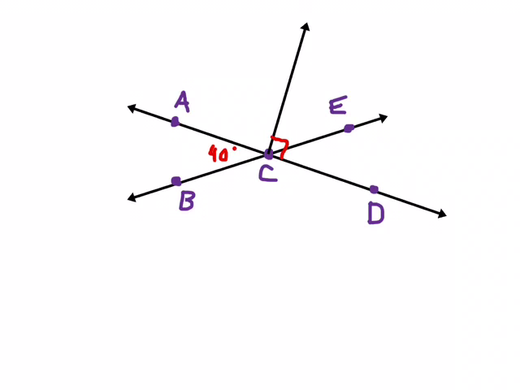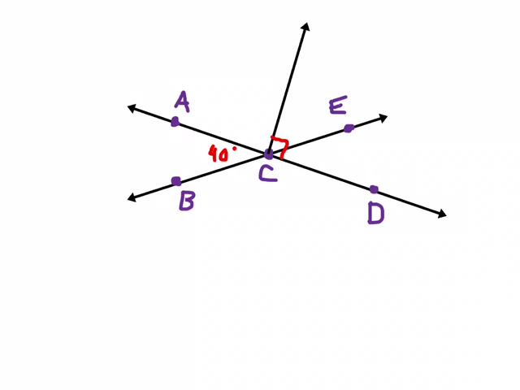And the first one I'm thinking about is a vertical relationship, vertical angles. I see that I have two lines crossing each other. And I know that when the two lines cross, opposite angles are vertical. For a second, I'm imagining that this line doesn't exist, and it's just two crossing lines. And what I can learn from that is that this angle, angle DCE, is vertical with ACB.